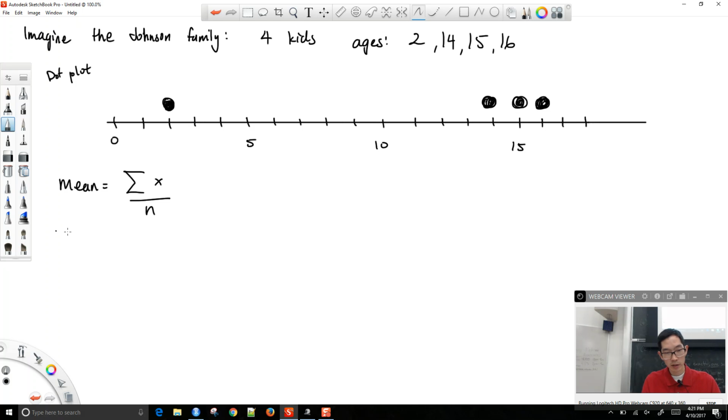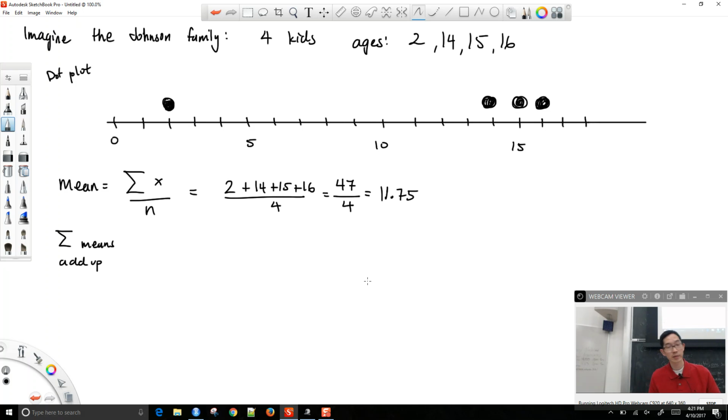This sign means to add up. So I get 2 plus 14 plus 15 plus 16, and we divide by 4. When I add these up, I get 47. I divide this by 4 and I get 11.75.